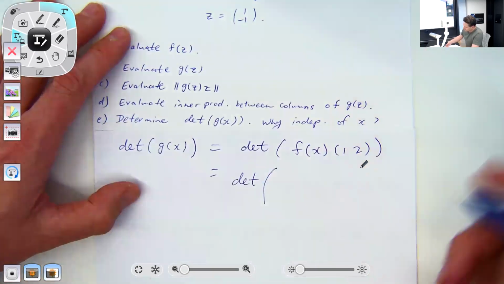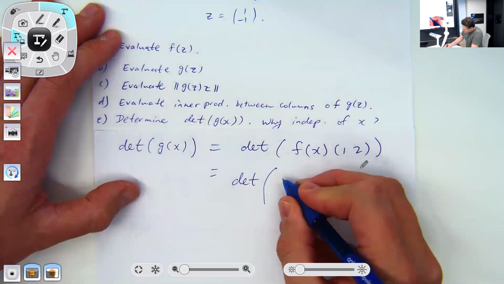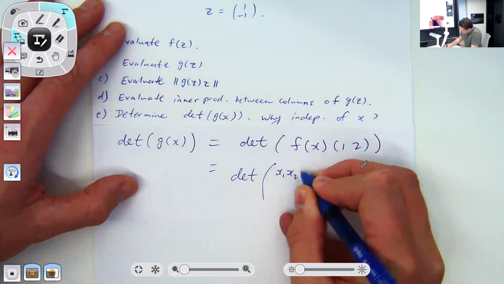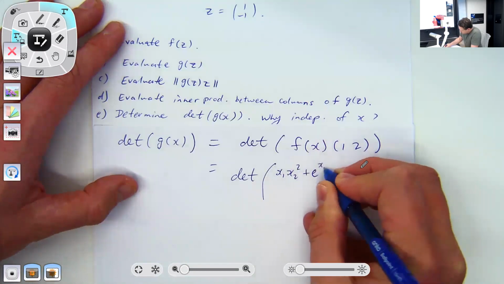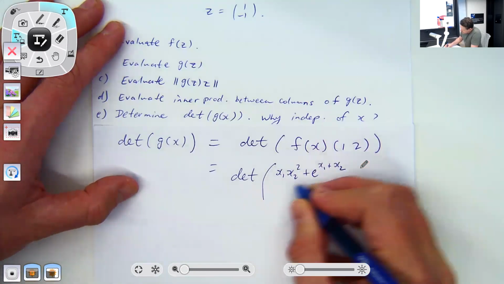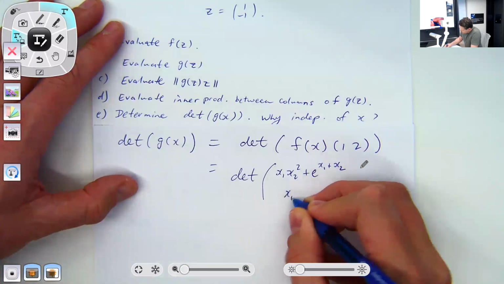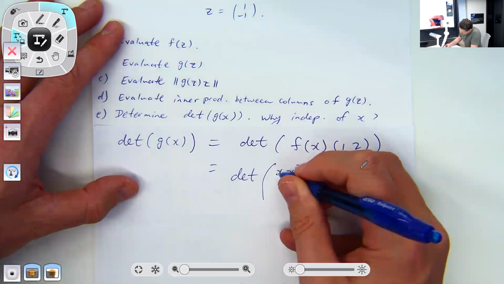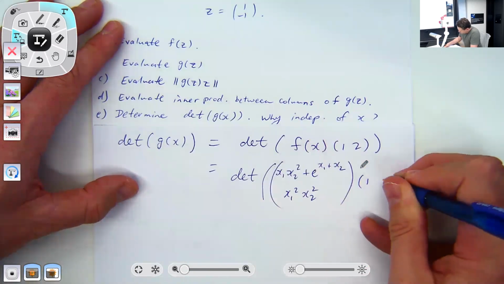And then I'll just copy this down. So what we're looking at here is x1, x2 squared plus e to the x1 plus x2, and then down here x1 squared, x2 squared, all right, and then we're multiplying this by 1, 2.